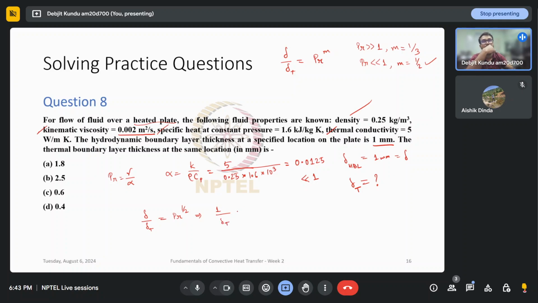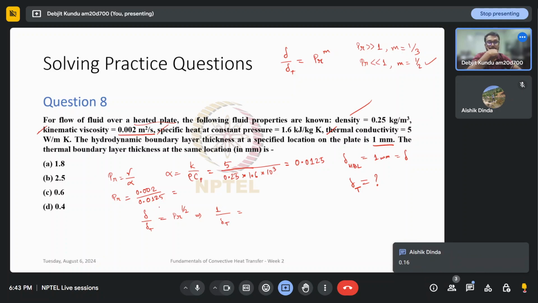It's only the ratio that matters. Okay, so let's find out the Prandtl number as well. The Prandtl number is 0.002 divided by 0.0125. Okay, so this was wrong, sorry. So how much is this? 0.002 over, I think, 40, right?